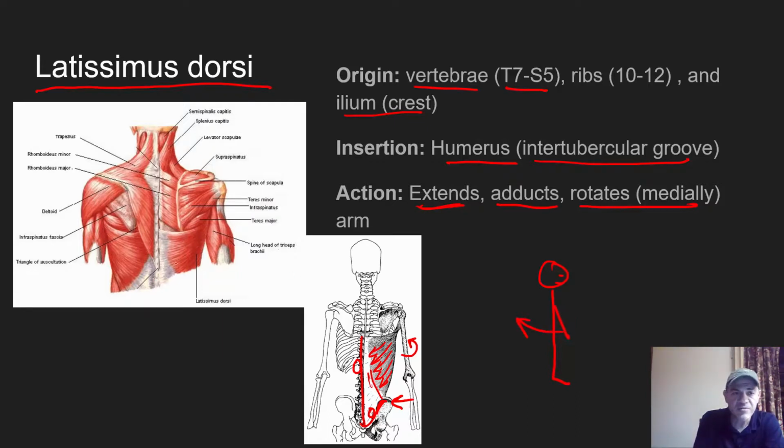And if we look at the image on the far left, you can see both sides, the left and the right Latissimus dorsi here in the image. And the part of the trapezius actually lays on top of it. So this muscle is the Latissimus dorsi.